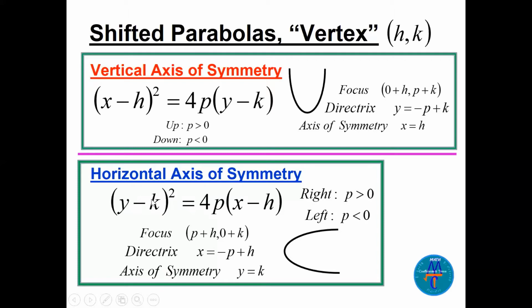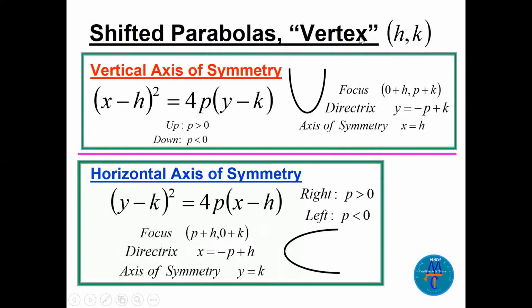The squared goes on the y, and x has power 1, so just by looking at the equation, you can decide which one. The focus here will be (p plus h, k). The directrix, the vertical line, is x equals minus p plus h, and the axis will be y equals k.